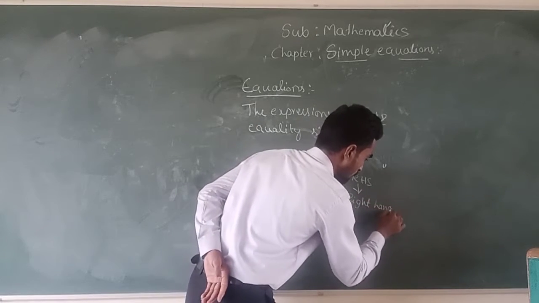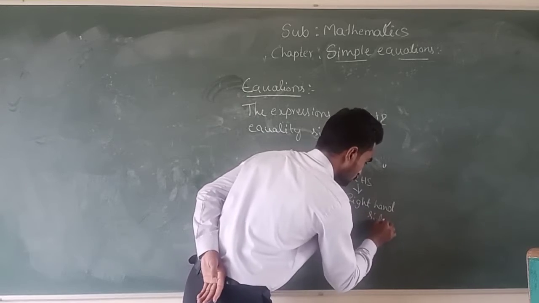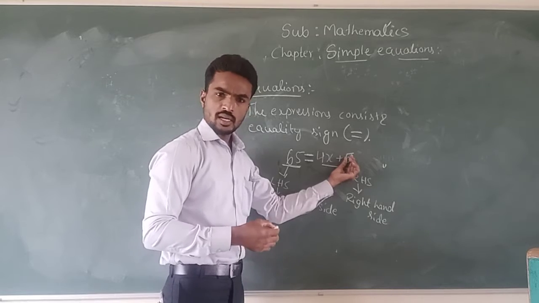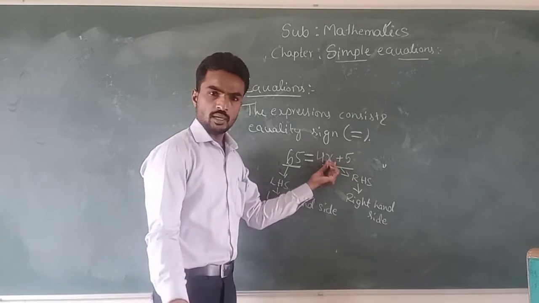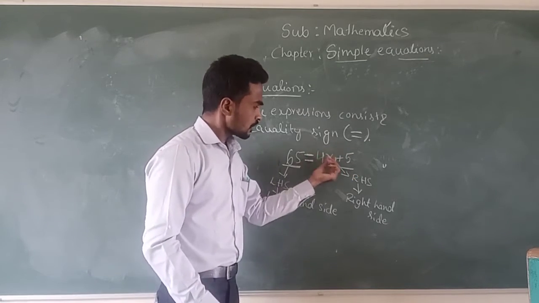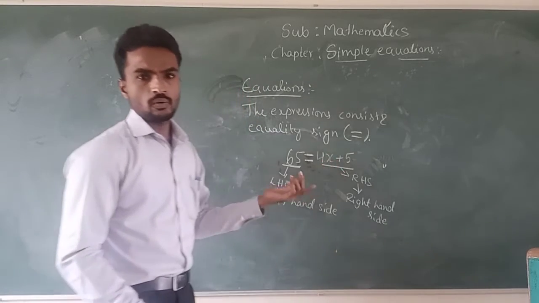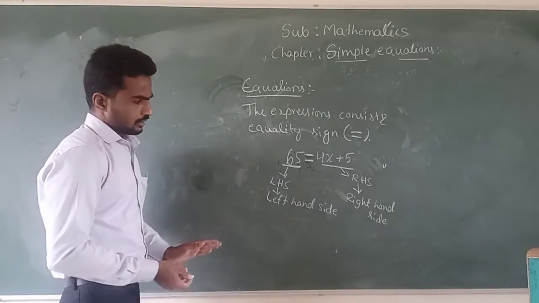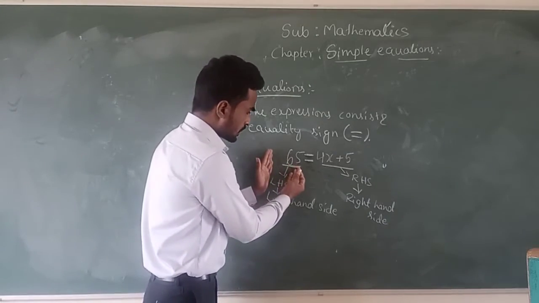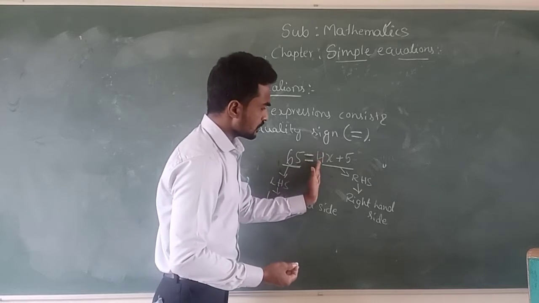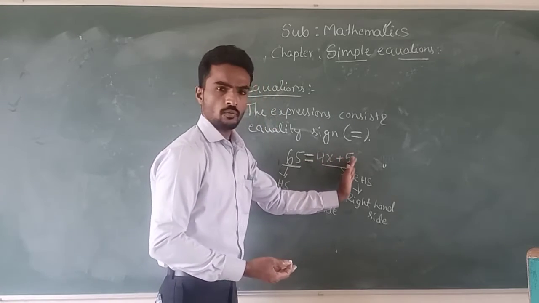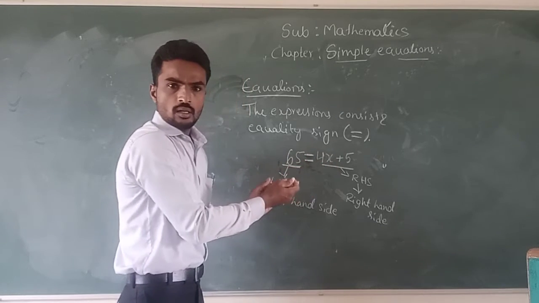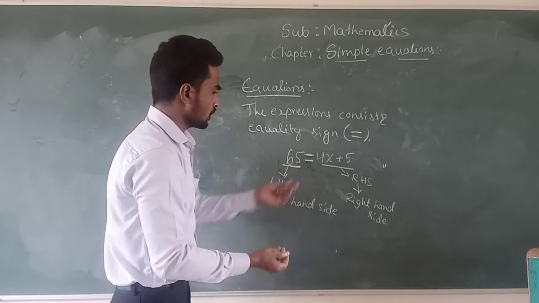You already know that 65 and 5 are the constant terms, x is the variable term and 4 is the coefficient of x. You already learned this in class 6. Here LHS is 65, RHS is 4x plus 5. If you interchange these two, the equation is the same.